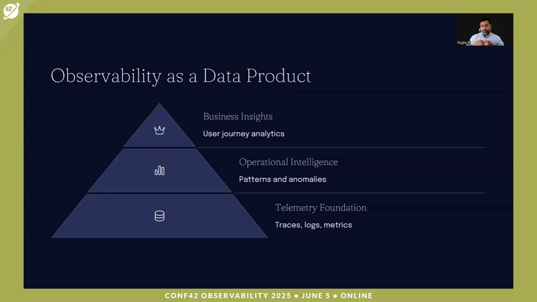Telemetry foundation, essentially providing the underlying data sources of traces, logs, and metrics that power the other two areas. Observability is not just a technical capability, but also a strategic data product that can deliver value across the organization.